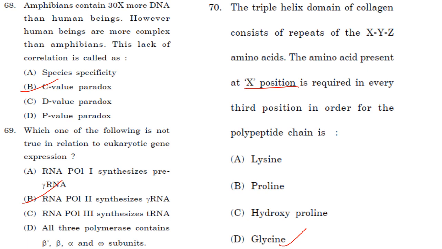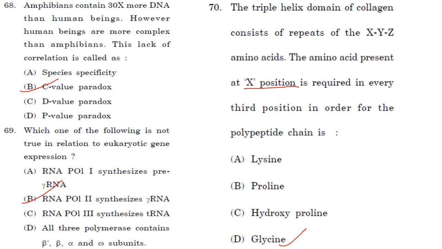Which of the following is not true in relation to eukaryotic gene expression? RNA Pol 1 synthesizes pre-rRNA; it should be a typing error, it should be rRNA. RNA polymerase 2 synthesizes rRNA.